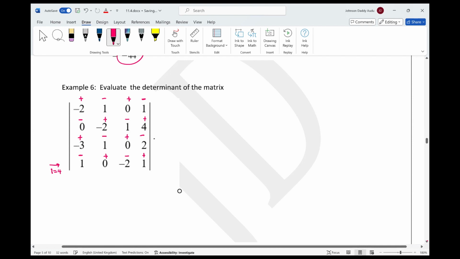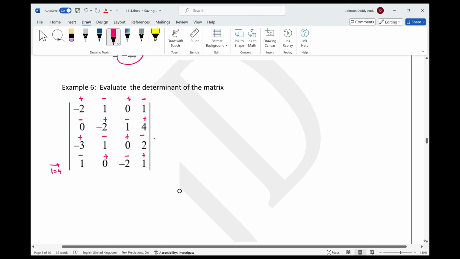All right. Now, if you want to find the determinant, since this is a 4 by 4 matrix, one trick is to use a column. You can use any row or any column, but to simplify things, we're going to use a column or a row where there are many zeros, just to simplify the computation.